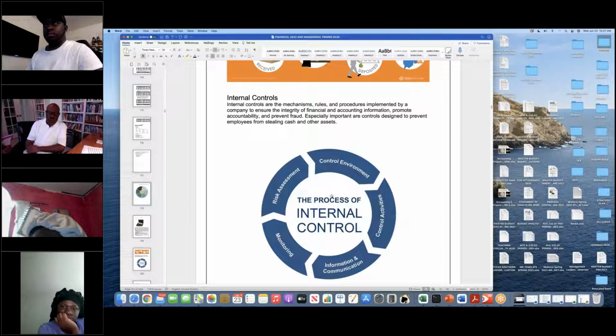When you're running a company and you have branches all over the world, you have to have some controls in place to ensure that cash and everything else is handled in the correct way. So a lot of times we'll have internal auditors who go out and check what's happening at the branch locations.